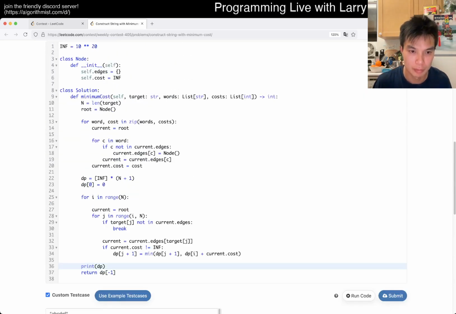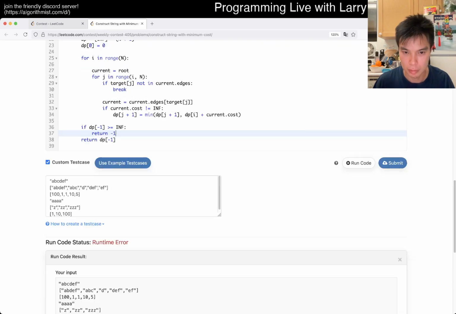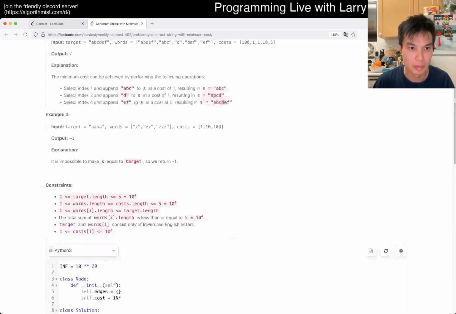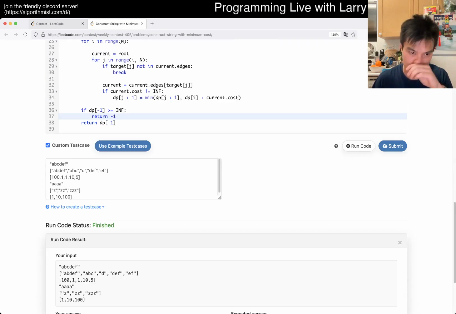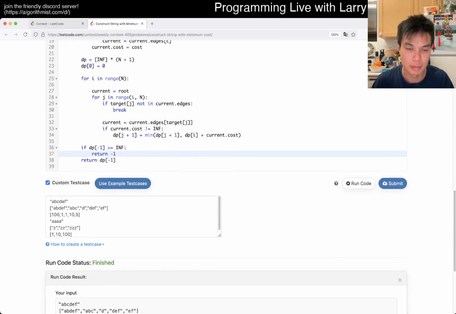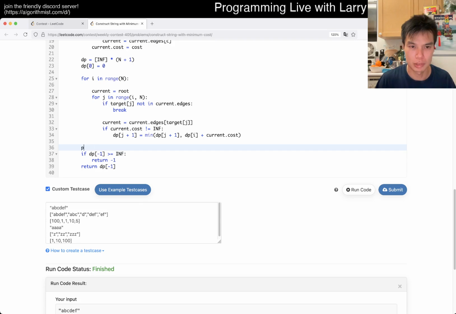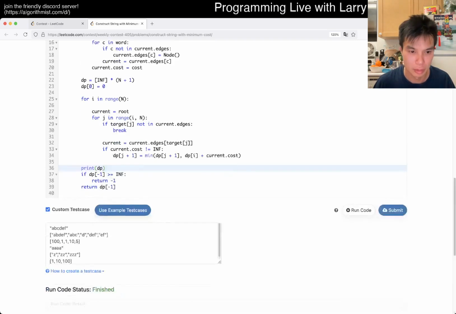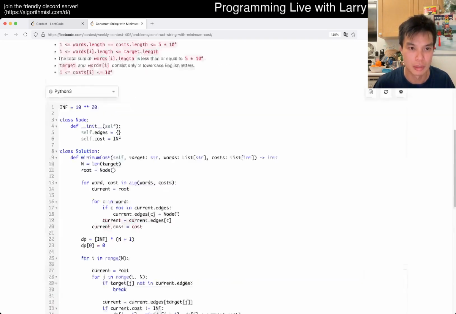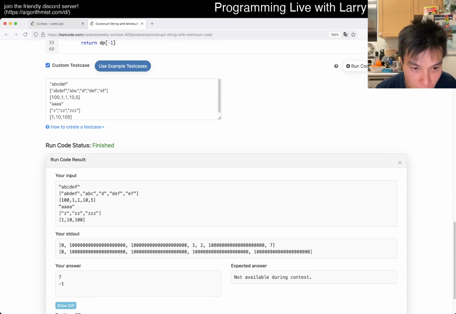Oh, right. Super not confident. Let's take a look. 1, 2, and 7. Just off by 1s, really.